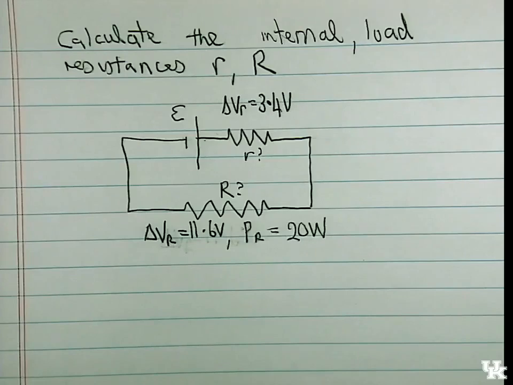I know the voltages across the two resistors, we're told that in the problem. I call them V subscript uppercase R for the voltage across the load resistor, V subscript lowercase r for the voltage across the internal resistance. I know those, but I don't know the current. And so I said to myself, the first thing I'm going to do is figure the current. Then I can apply Ohm's law to the two resistors.